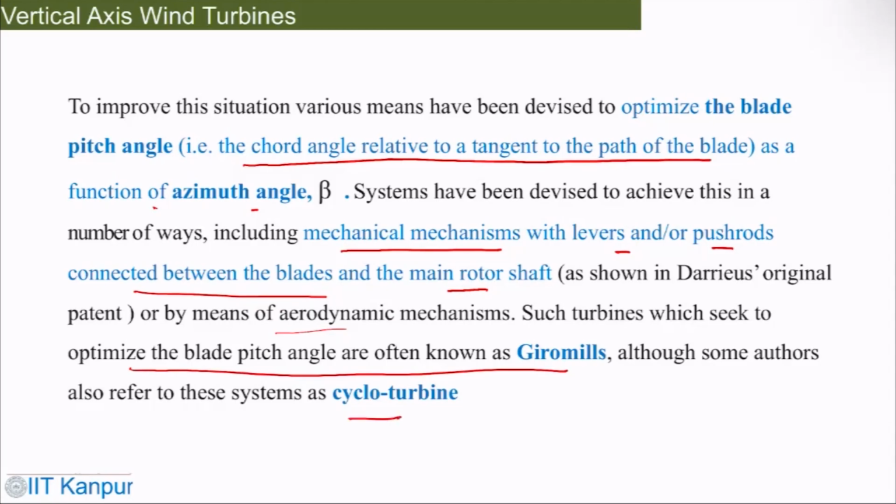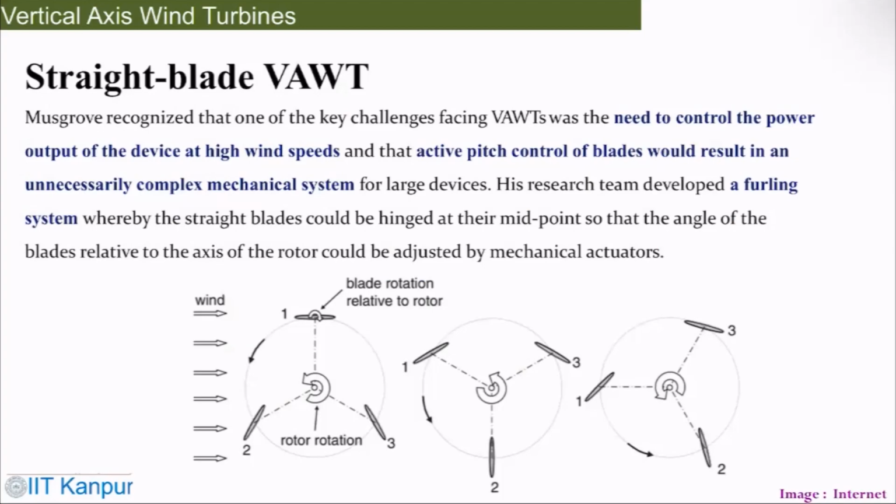Now if you see this straight blade wind turbine, you need to control the power output of the device at high wind speed, and active pitch control of the blade would result in an unnecessarily complex mechanism. So this is the wind coming in, this is the rotor rotation, and there could be blade rotation.